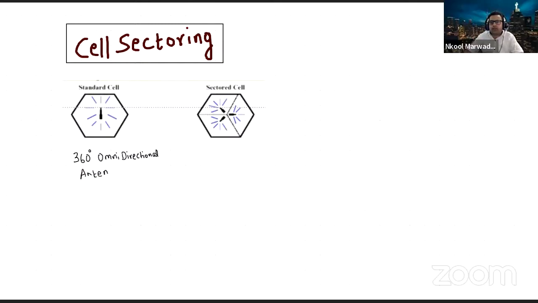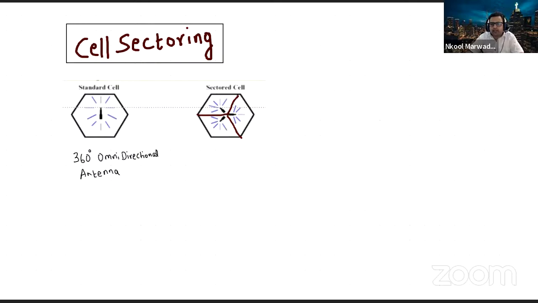But if I look at this sectored cell, I can break the cell into sectors. Here I broke this cell into 3 sectors, as you can see in the figure. Every sector is equipped with one antenna, and this is a directional antenna. These are also powerful antennas, but they radiate signals only in a particular direction.